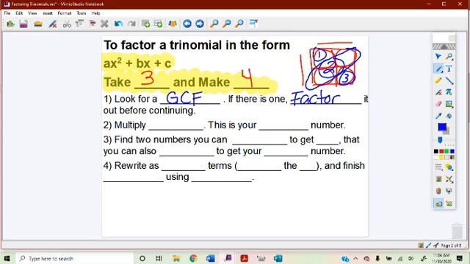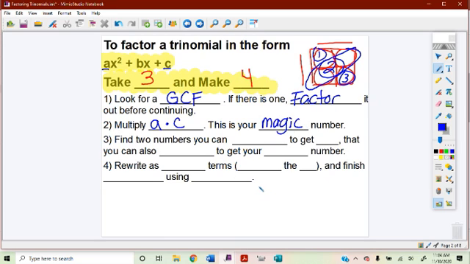So the method for take 3, make 4 tells you to multiply your A and your C. Now I call this a magic number. So you multiply A times C to get your magic number.